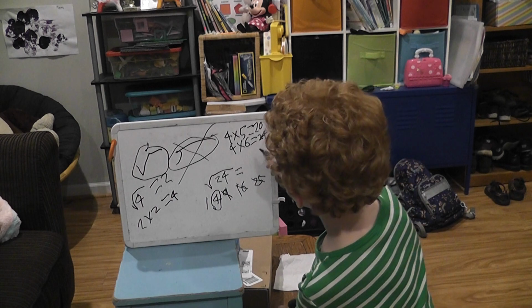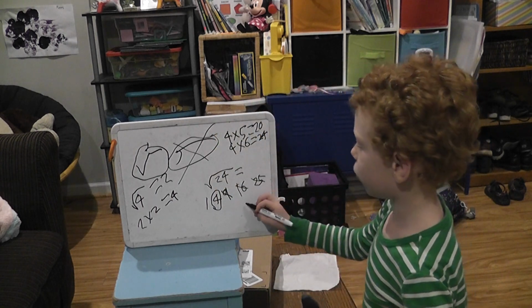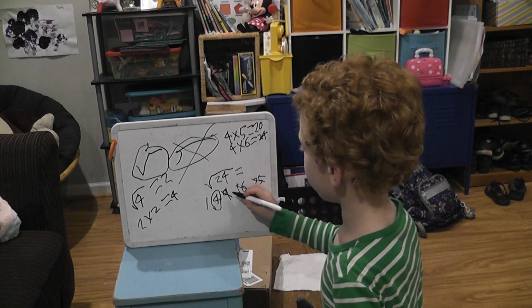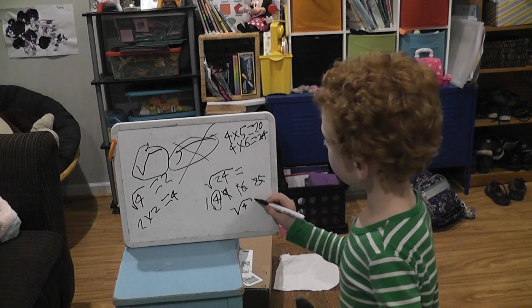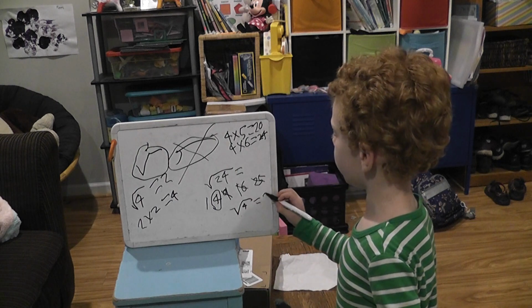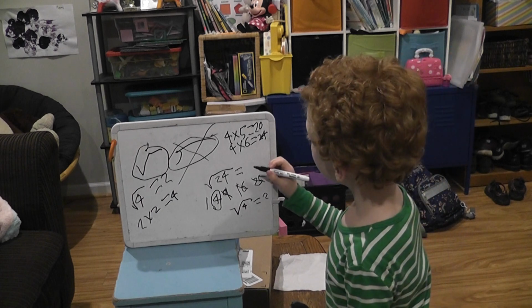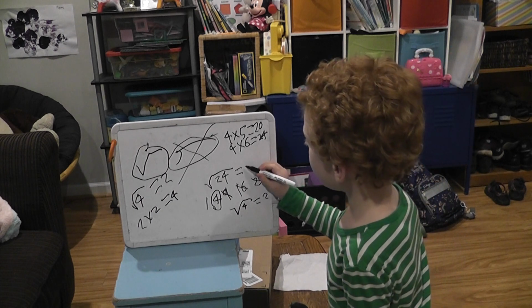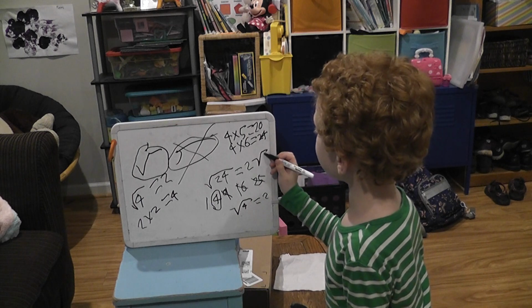So then we find the square root of the biggest square number that goes into it, which is the square root of 4, which equals 2. So then I think it would be 2 root 6.